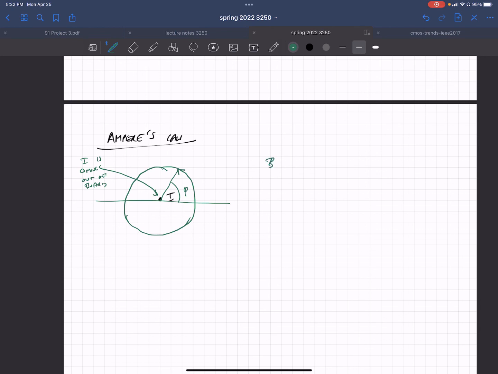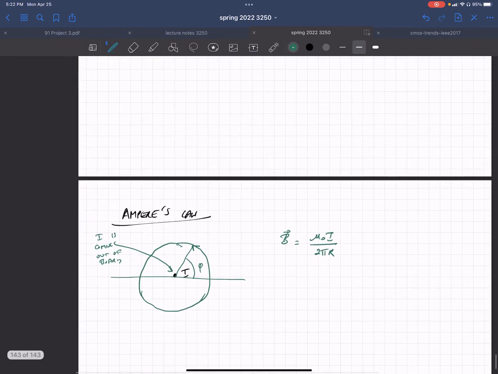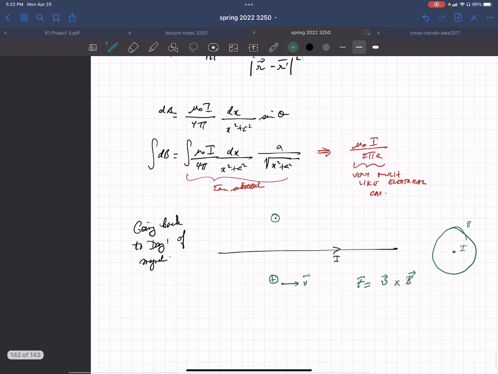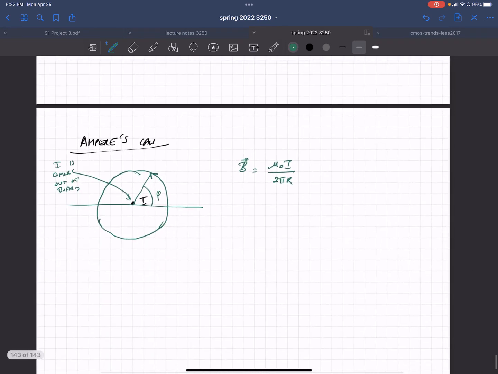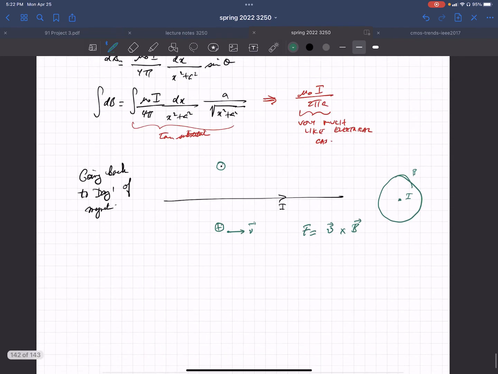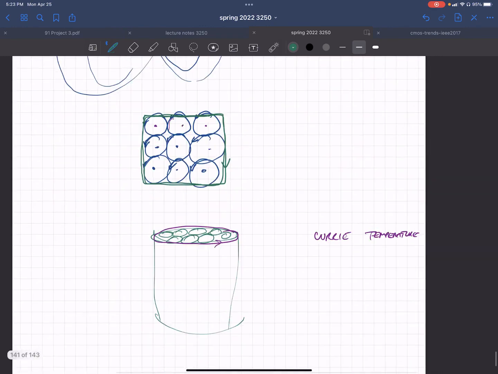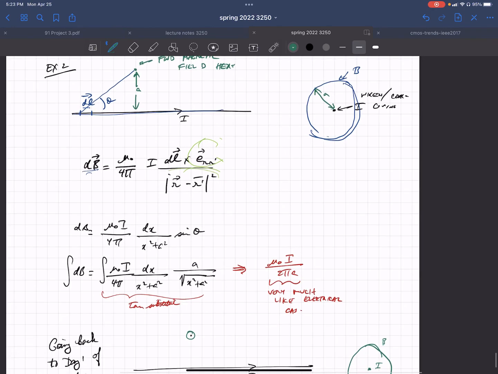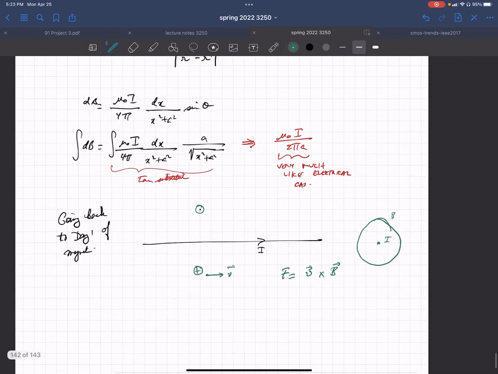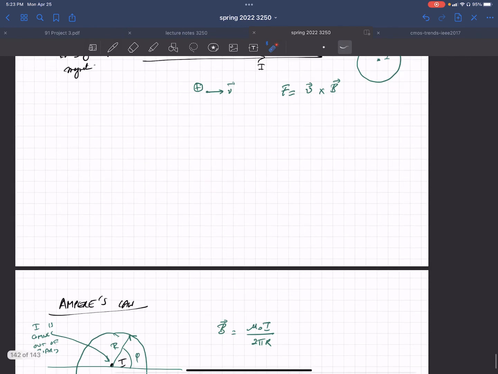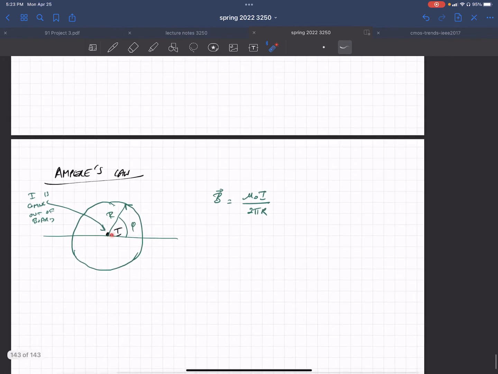The B here is going to be mu naught I over 2 pi r. We had that; instead of a, let's call this r. This is just coming from our solution, mu naught I over 2 pi a, where instead of a we're just going to keep this variable, call it r.